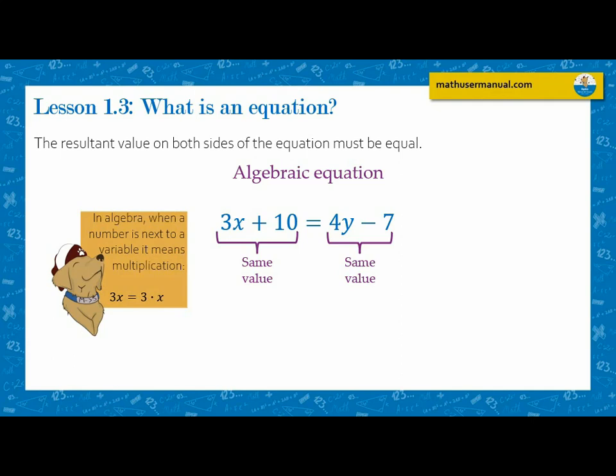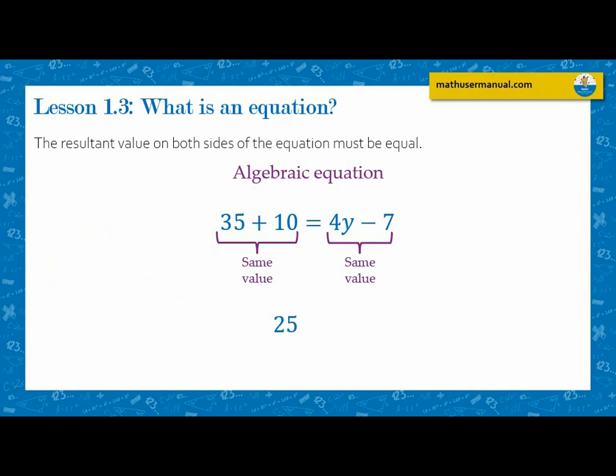So let's replace that x for a 5. This will be 3 times 5, which is 15, and 15 plus 10 is 25. So the left side of this equation, when we replace x for a 5, is 25. We still have the equal sign, and that equal sign is forcing us to have the same value on both sides of the equation.